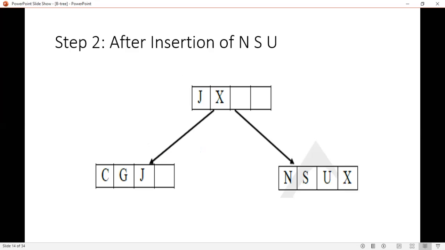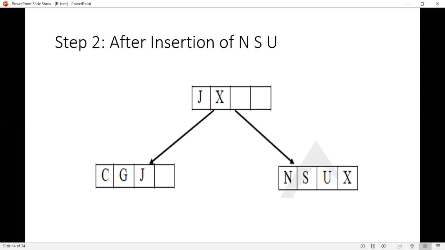See this diagram here, after insertion of N, S and U. Okay, first we'll take only N and S. After splitting, you get CGJ as one node, that is the left child, and NS as one more node, and in the root node the third key value, that is J, goes to the first entry.